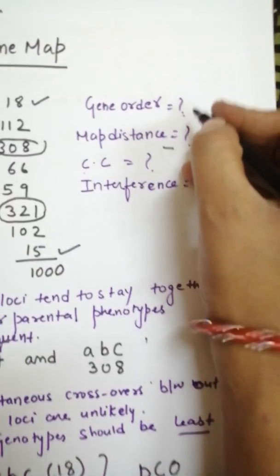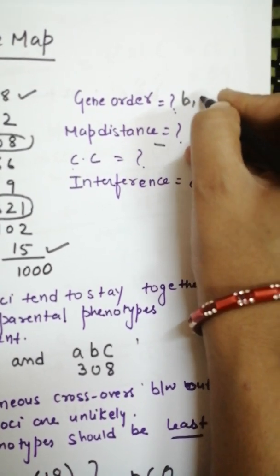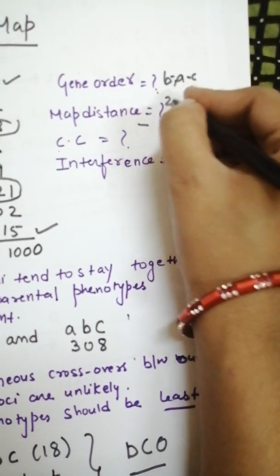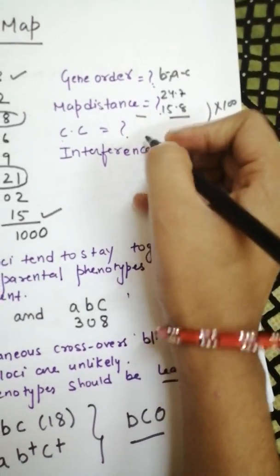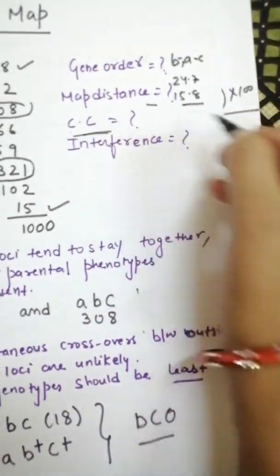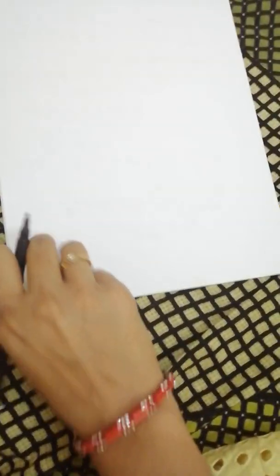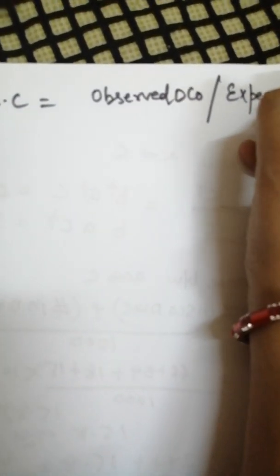We have already found the gene order B, then A, then C, and the map distance also: 24.7 between B and A and 15.8 between A and C. Now we have to find the coefficient of coincidence. The formula of coefficient of coincidence is the observed double crossover upon expected double crossover.